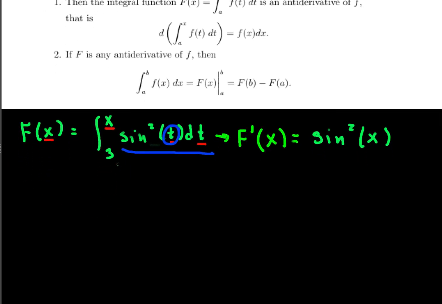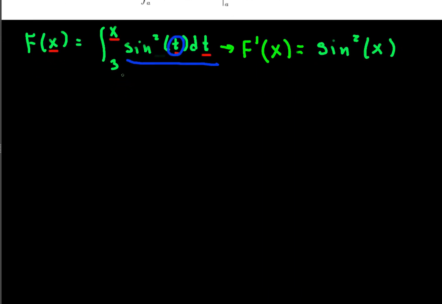Now, let me switch things up a little bit here. Let's say that f of x is equal to the integral from 5 to 2x plus 7 of t squared plus 3t dt. And I want to know, what is f prime equal to?